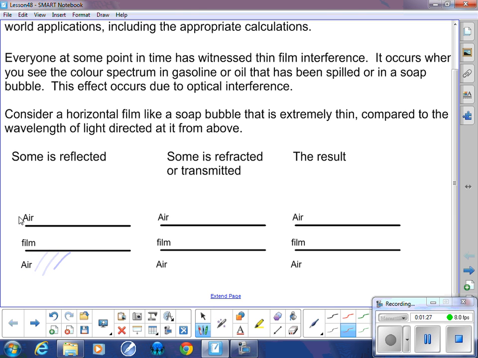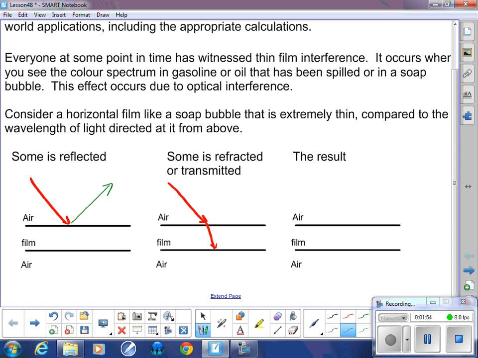Light comes in, and option number one is that the light gets reflected. The second one is some of it gets refracted. Now that light enters the film, and because it's a more optically dense medium, light would bend.